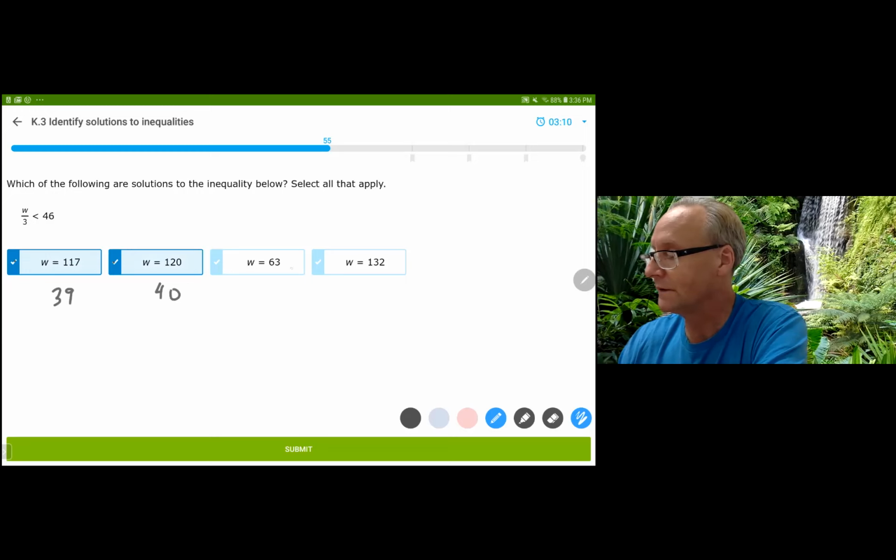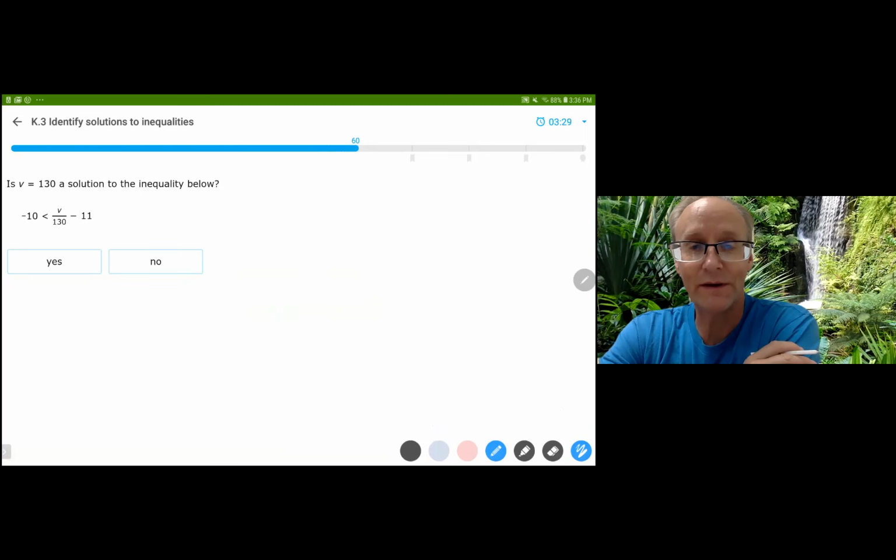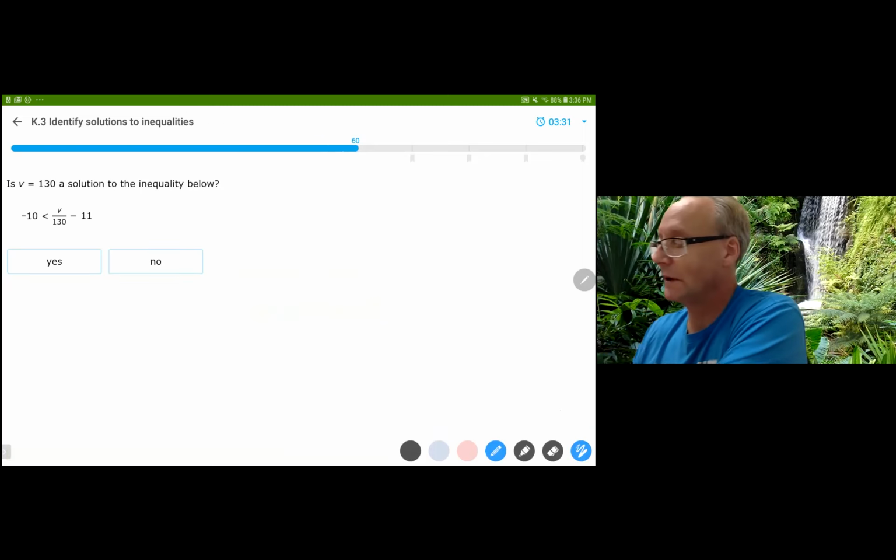And 63 over 3 is 21, which is less than 46. And 132 divided by 3 is 44, which is less than 46. Look at that. They were all solutions to the inequality.